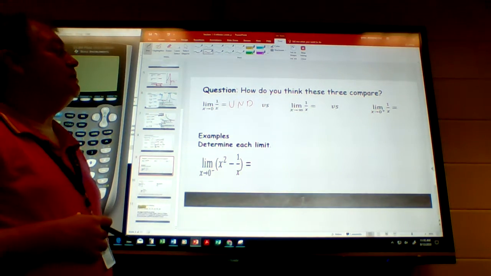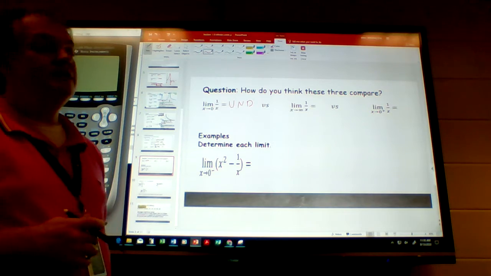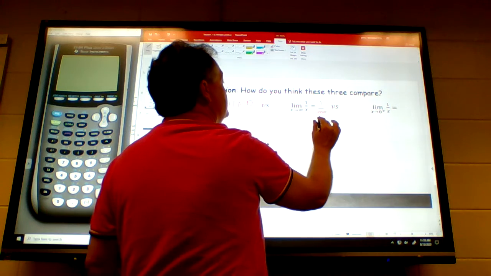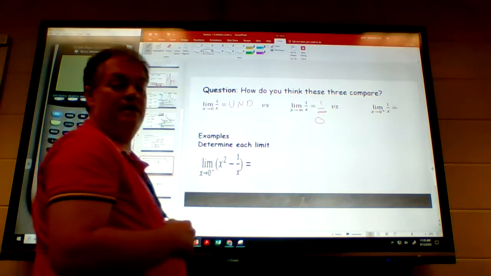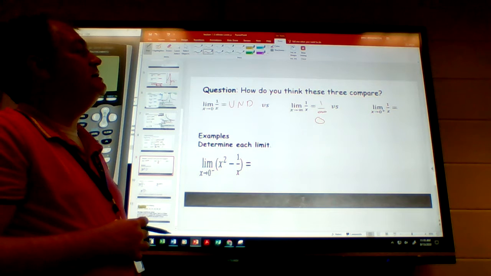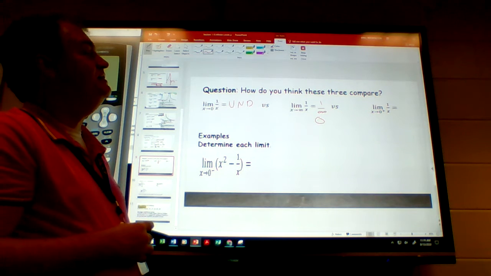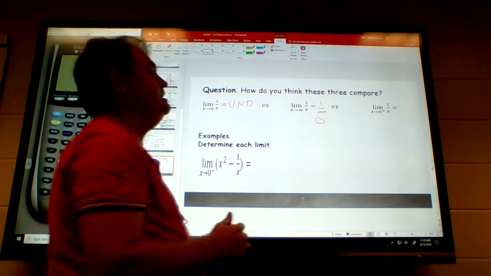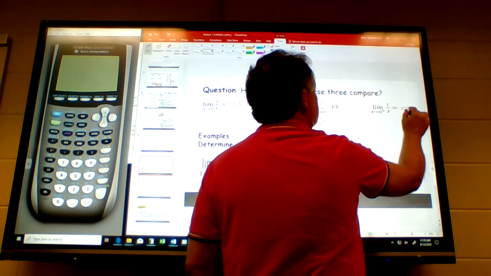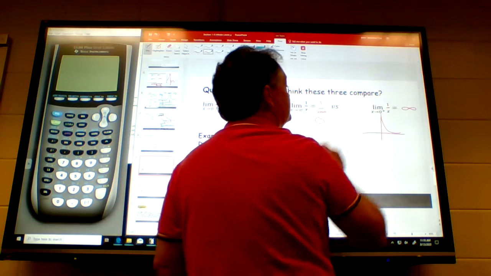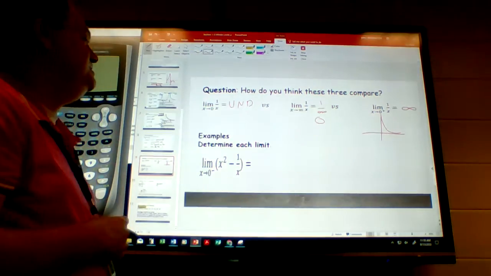The limit of 1 over x as x approaches infinity is going to be 1 over infinity, which, as you know, is 0. And then the limit of 1 over x as x approaches 0 from the positive side is going to be infinity. Remember the graph? It's going to look something like that. It's going to approach positive infinity from the positive side.